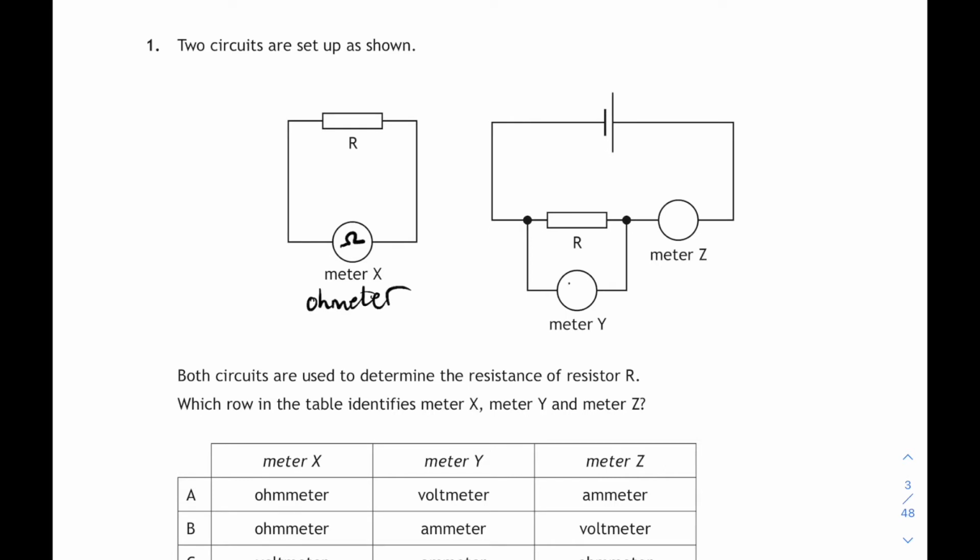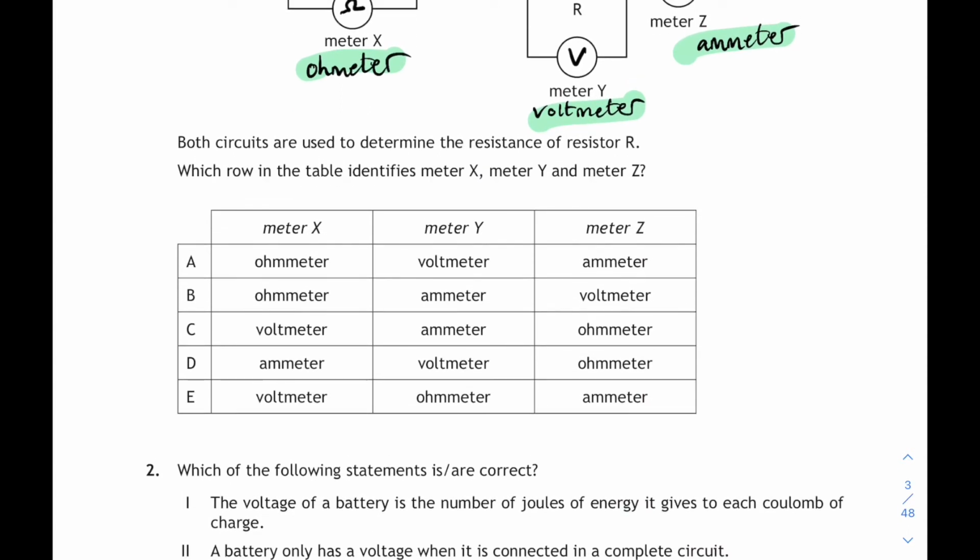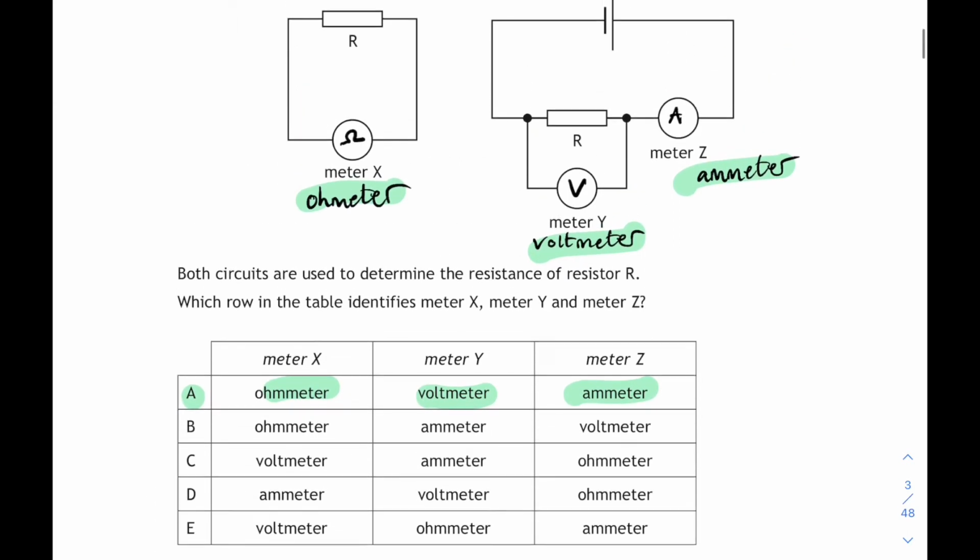In the second circuit, we've got 2 meters, one across the resistor, it must be the voltmeter, and one in series with the resistor measuring the current through the resistor, so that one's an ammeter. So there's our 3 meters, an ohmmeter, a voltmeter and an ammeter, X, Y and Z. Ohmmeter, voltmeter, ammeter, it's A, and that's question 1.